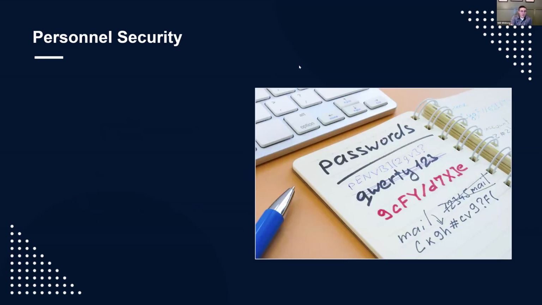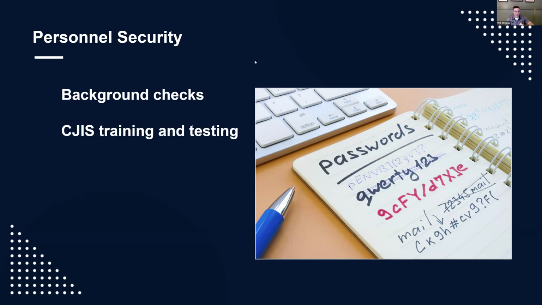All right. Personnel security, absolutely critical, because you could have all the CJI, you can have all the processes, but it's people that are doing the work, they're dealing with the data. So background checks are important. I mentioned training and testing. Live scan is basically, let's say we're working with a police department, and they may request live scan checks for our employees.